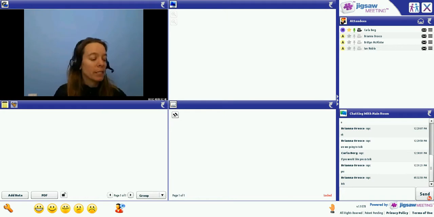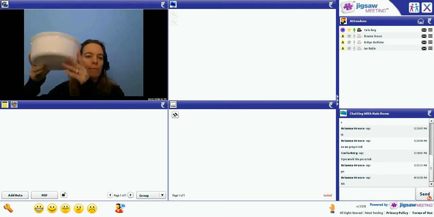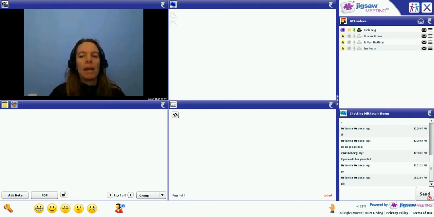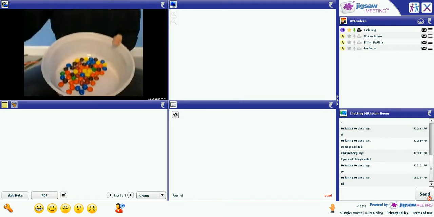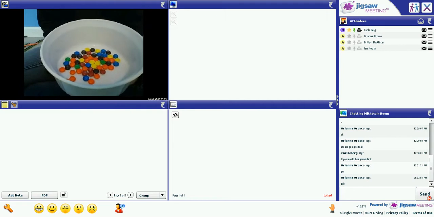We all have our package of M&Ms or package of Skittles, whatever kind of colored candy you have. What you are going to do is open your package up into a bowl. So my M&Ms, and I'm going to change my camera to view my bowl here, are sitting in a bowl. So go ahead and open your package into either a bowl, a container, a piece of paper, it doesn't really matter.